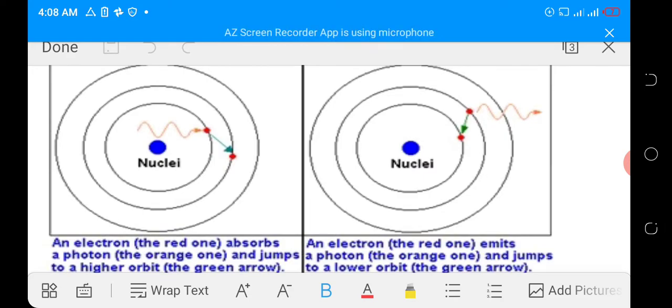As you can see, the red dot shows an electron and it absorbs a photon of energy, which is the orange spiral, and it jumps from its lower energy to a higher energy as shown by the arrow. But in the second diagram, an electron, the red dot, at a higher energy level loses a photon of energy, that is radiates a photon of energy, and it jumps from that higher energy level to a lower one because it has radiated energy.